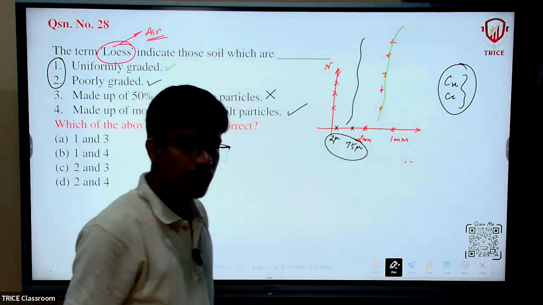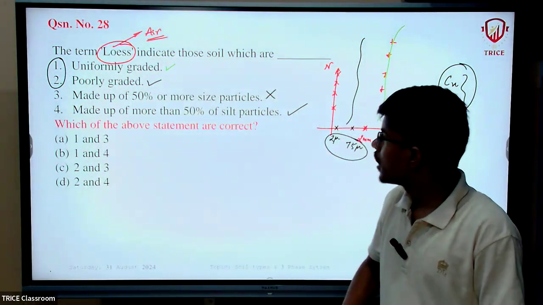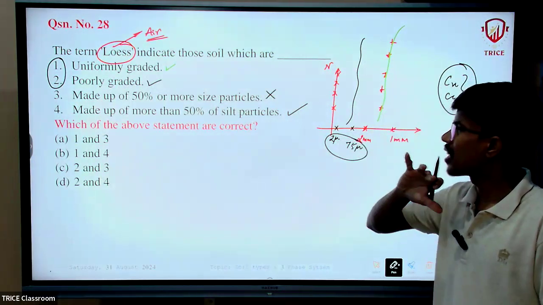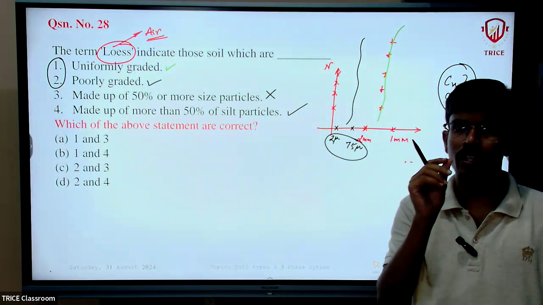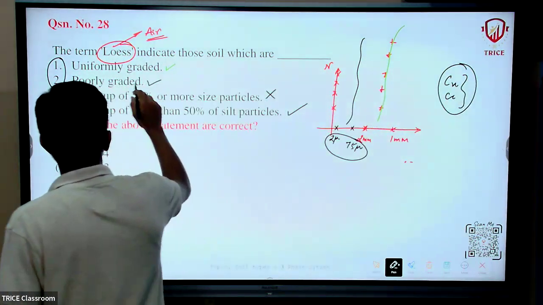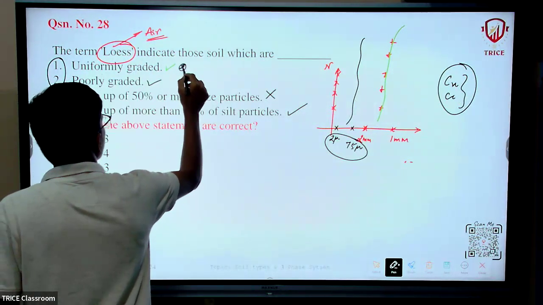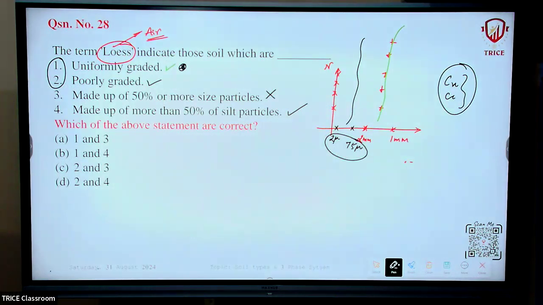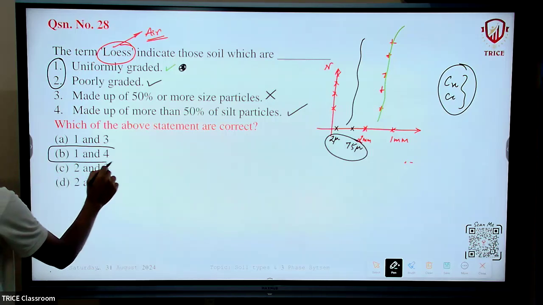So when we have poorly graded soils and the uniformity, wind blown soils always come under uniformity soils. Only uniformity of the soil particles will come under, so it is always preferred about option 1. Then regarding the 4, we can say option 1 and 4, that is option B.